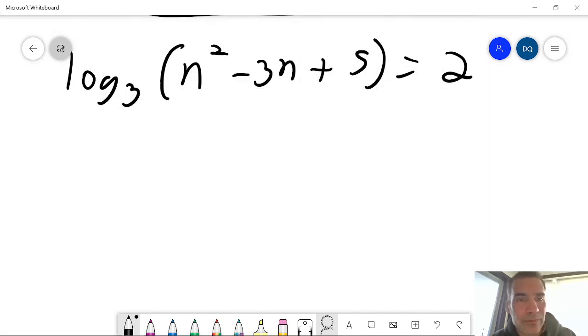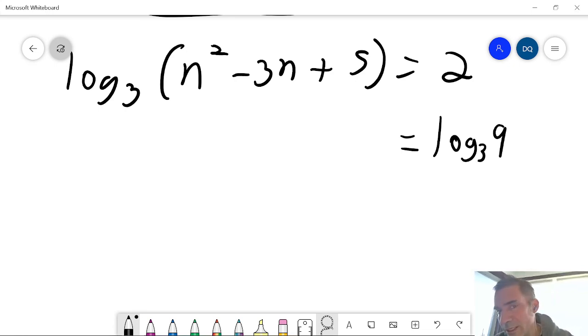Okay. So how do I turn this into simply a log on each side? I just have to rewrite the number 2 as a base 3 log. And if I took 3 and raised it to the exponent 2, it would give me a 9. So the base 3 log of 9 is equal to 2. So I can rewrite 2 as the base 3 log of 9.